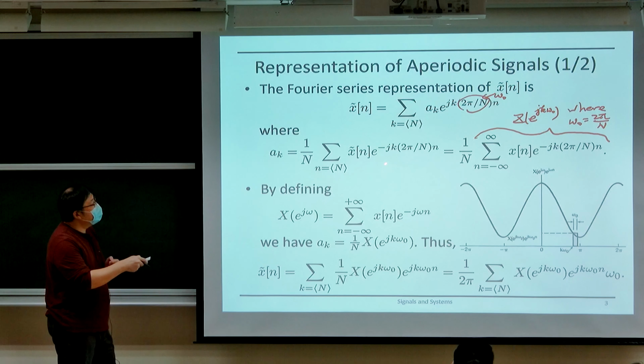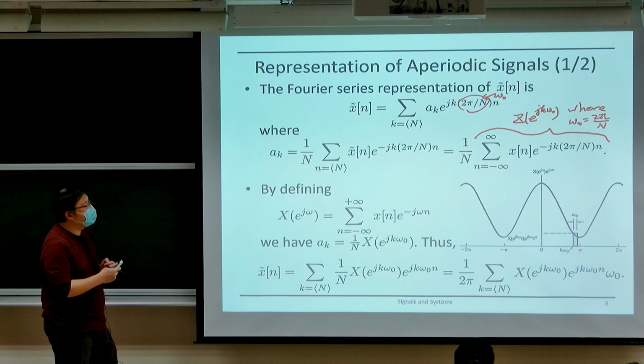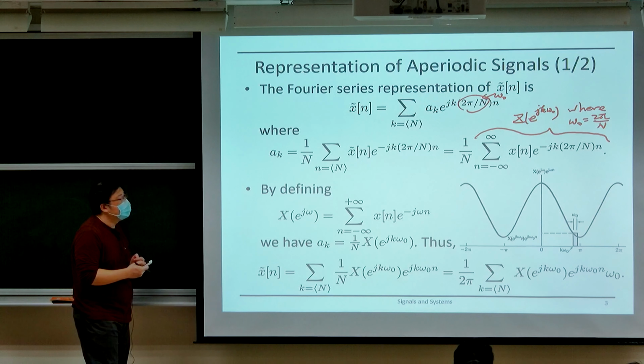So this inner product you can write as the summation over one period of x tilde of n times e to the minus j k omega naught n, scaled by 1 over N in the front.